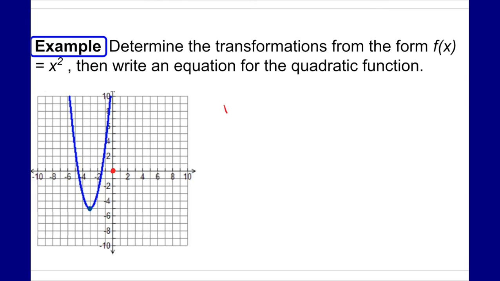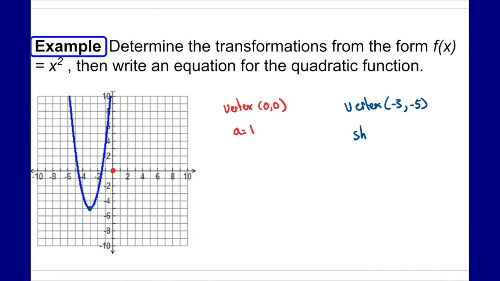Again, our vertex from the original one is 0, 0. If it helps to remind us, we can write an a value of 1. For our new graph, our vertex is -3, -5.